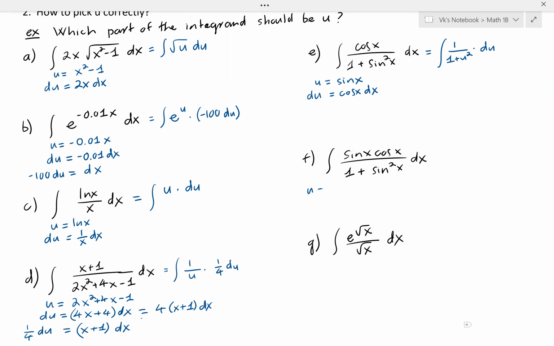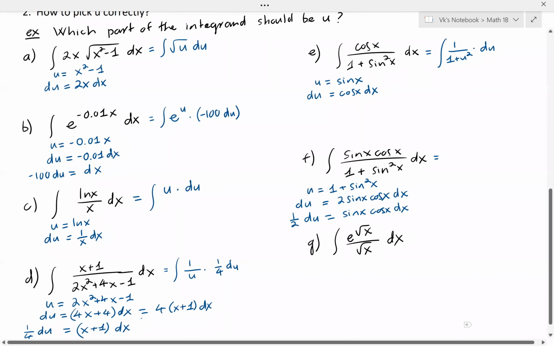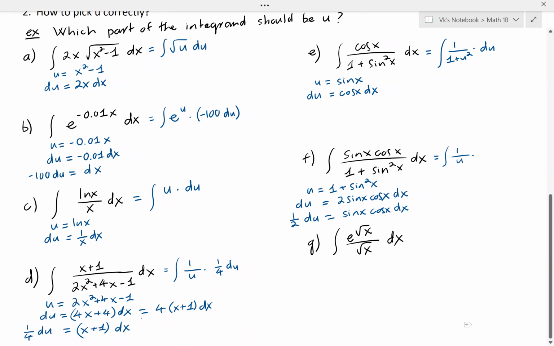So u is equal to the denominator 1 plus sine squared x. du here is 2 sine x cosine x dx. So that means sine x cosine x dx is half of du. And what we have here is the integral of 1 over u multiplied by 1 over 2 du.